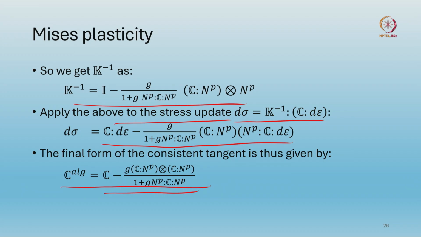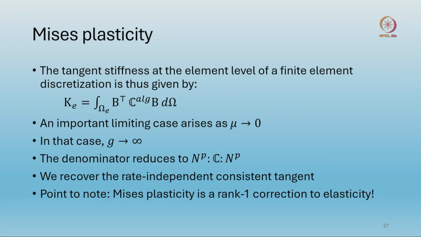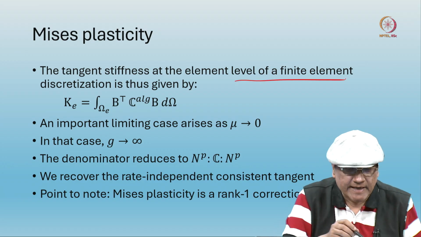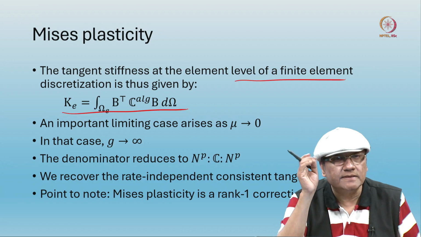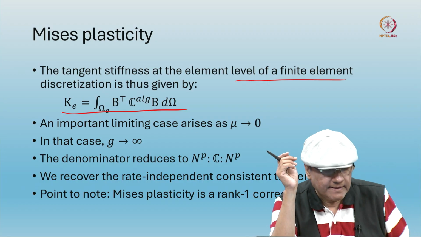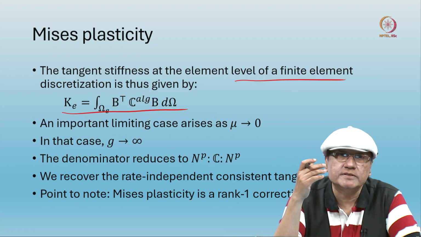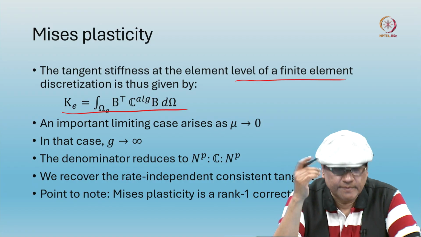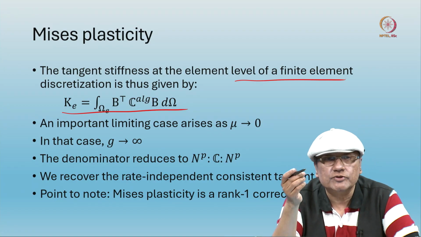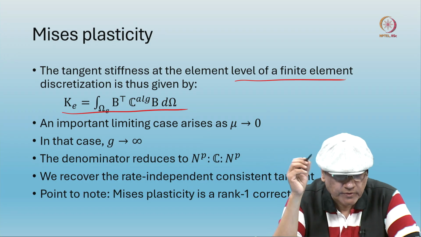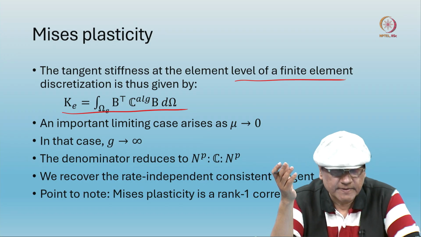Once the C ALG is available, then finding the tangent stiffness is no problem. For every element you can find the tangent stiffness as B transpose C ALG B, where B is the strain displacement relationship, that is, the strain displacement matrix.